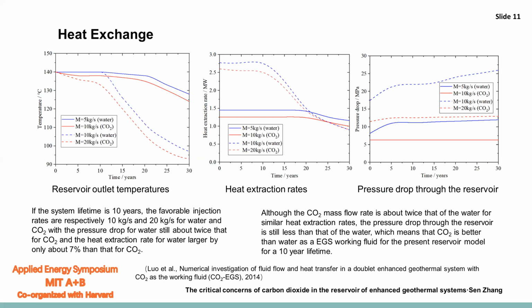So it means that if you want to extract a similar amount of heat, you're going to need a smaller pressure drop in the reservoir in the CO2-based EGS than the water-based EGS. So you need less pressure to drive the CO2 than to drive the water.